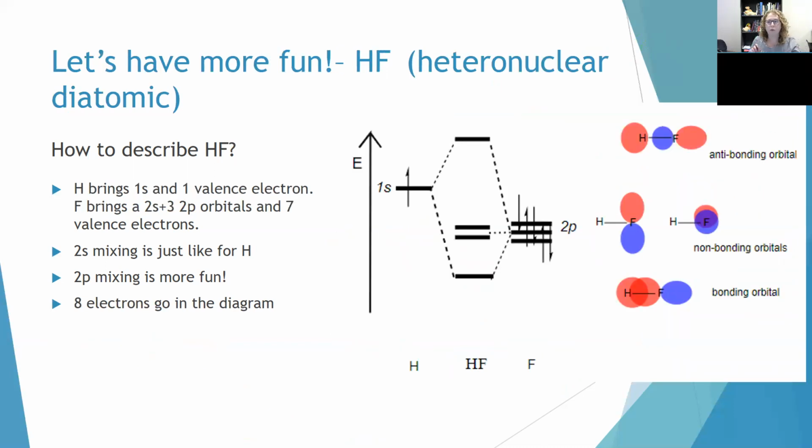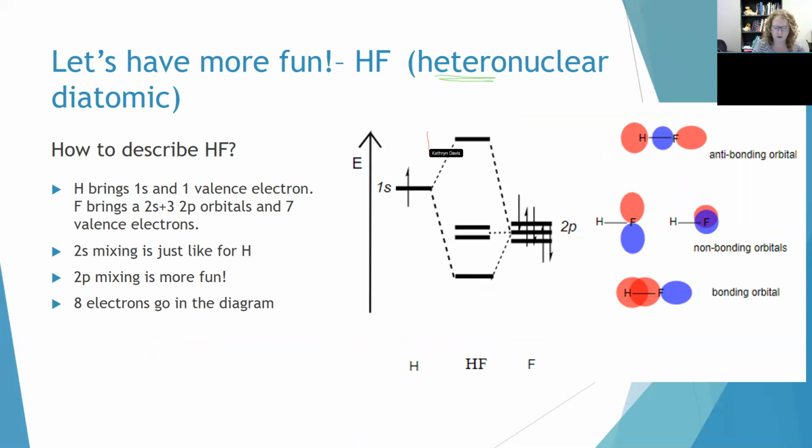More fun is when the atoms that mix are not the same. So homonuclear diatomics meant oxygen with oxygen, or hydrogen with hydrogen, or boron with boron, right? HF, on the other hand, is a heteronuclear diatomic. The elements are different, and so the mixing rules change.